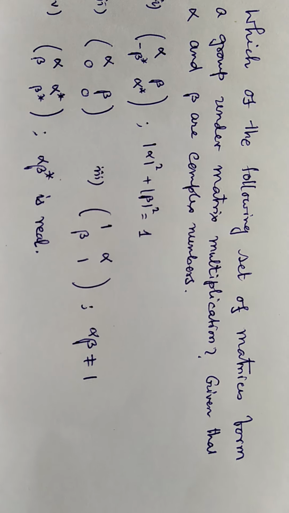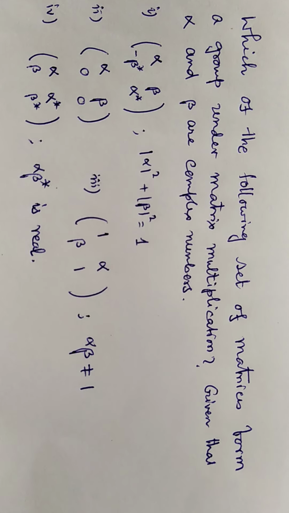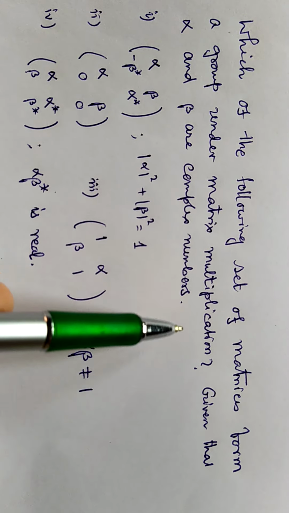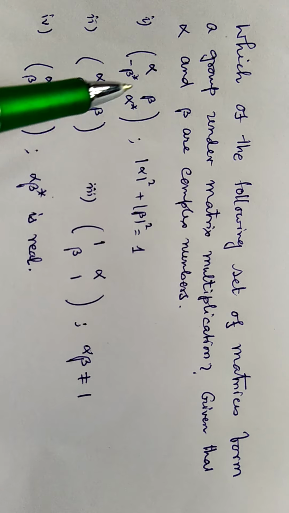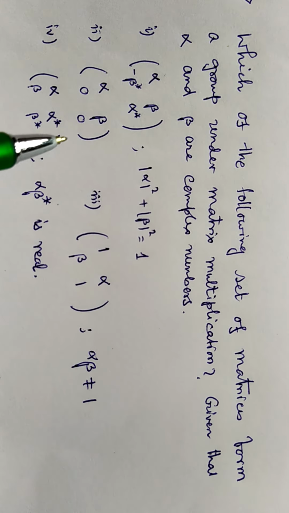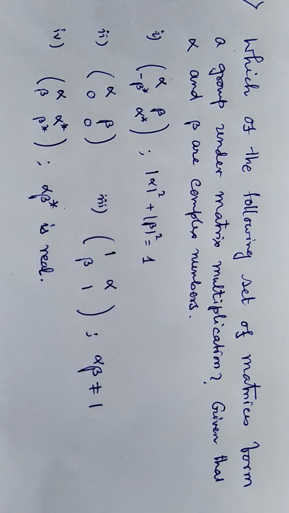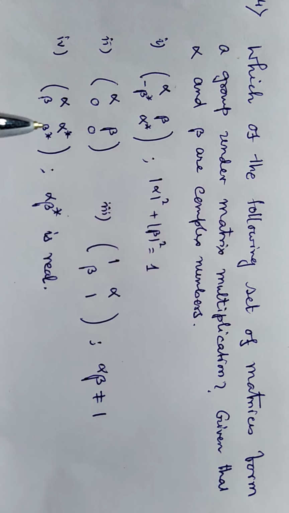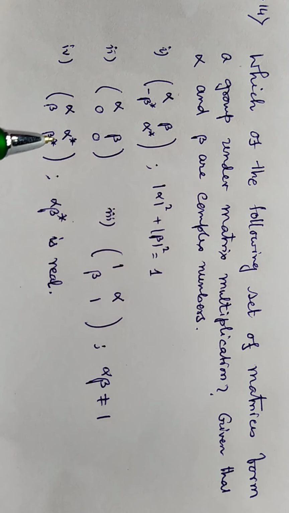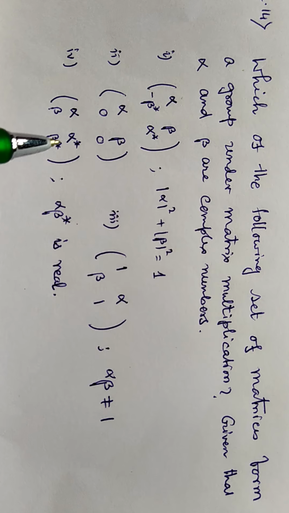which of the following sets of matrices form a group under matrix multiplication, given that alpha and beta are complex numbers. So there are 4 options. If you want to pick the right answer for this, then you have to check the group properties, right?